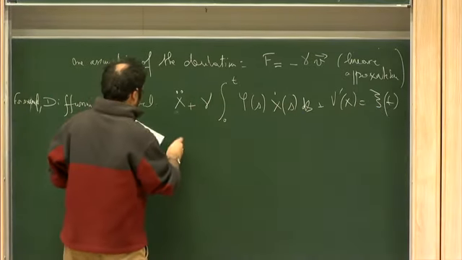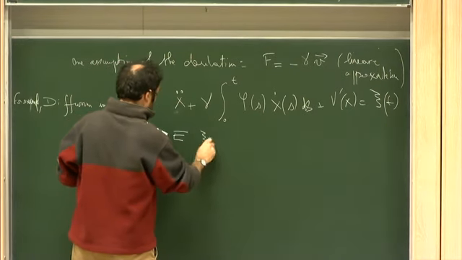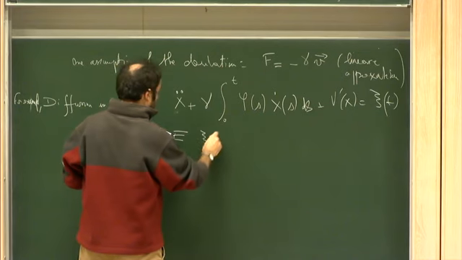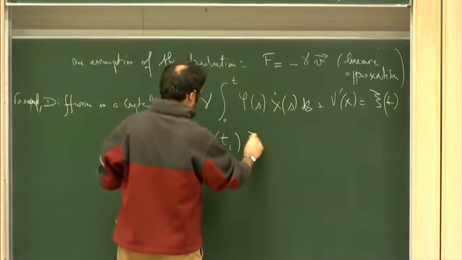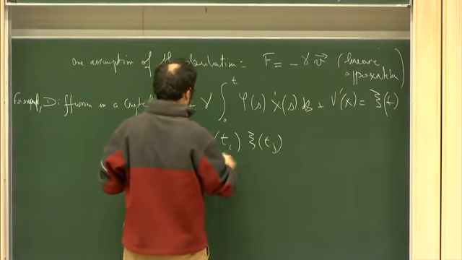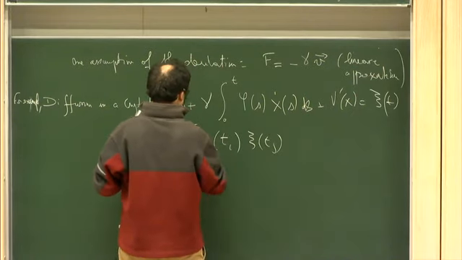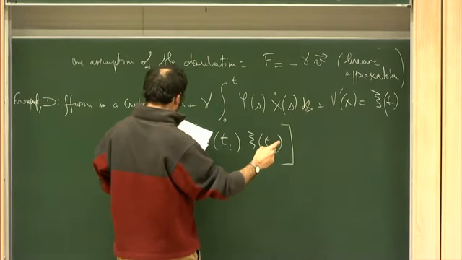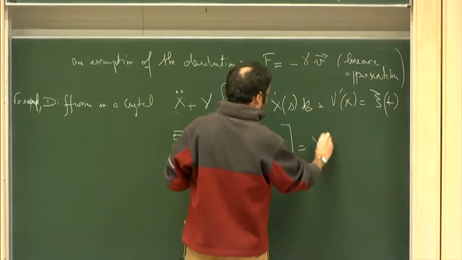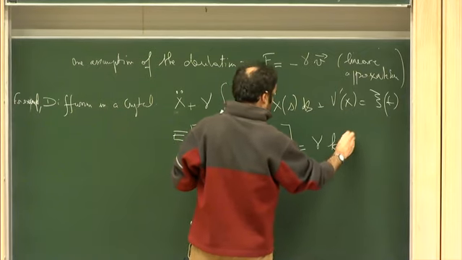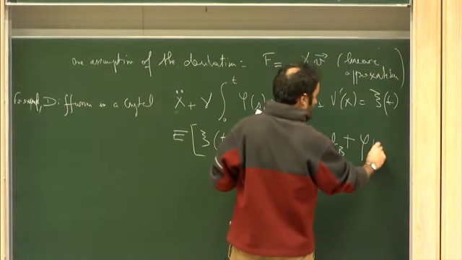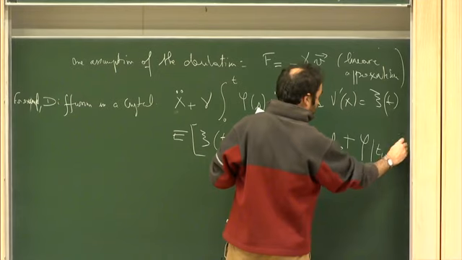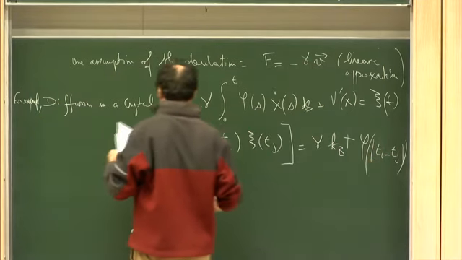And this satisfies the correlation, the expectation for any two times ti and tj. So psi is the noise, gamma is the viscosity, and the correlation is phi of ti minus tj.